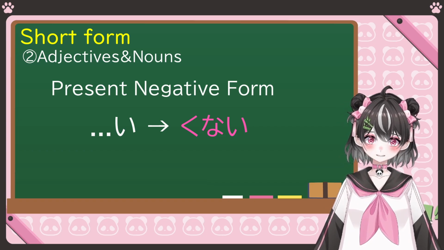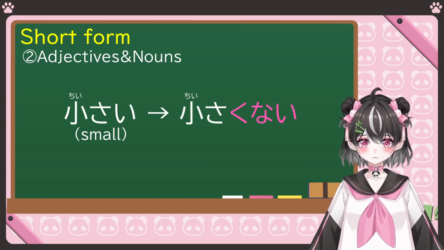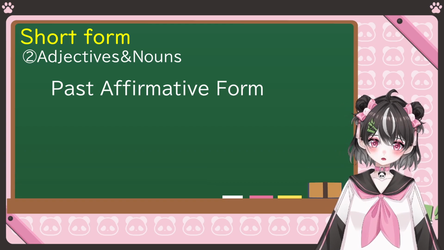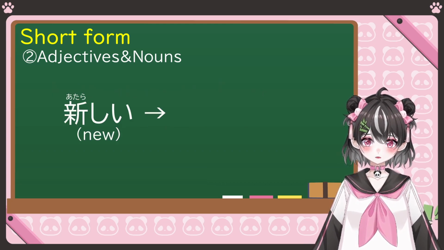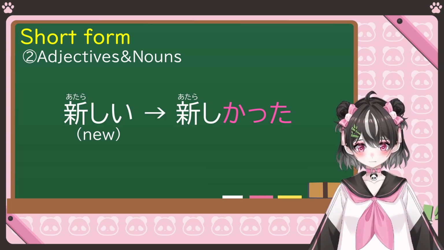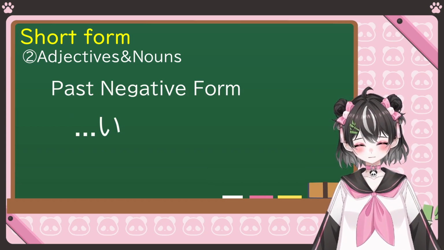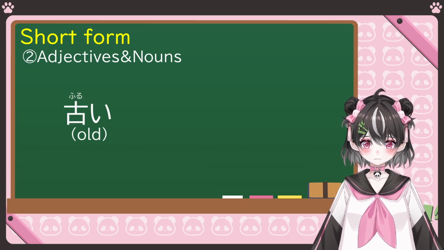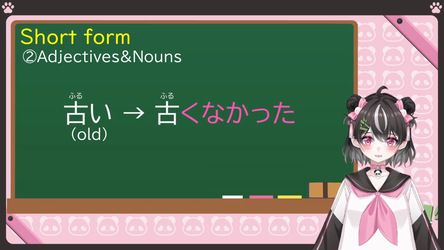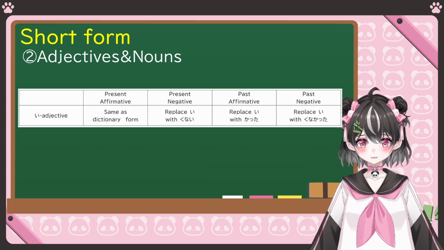For example, 小さい becomes 小さくない。For the past affirmative form, you change the final i to かった。新しい becomes 新しかった。And for the past negative form, you change the final i to くなかった。古い becomes 古くなかった。Here is the conjugation table for each adjective. How much did you remember?